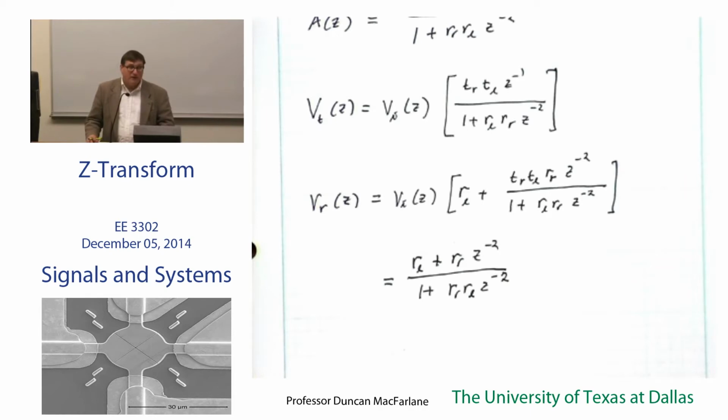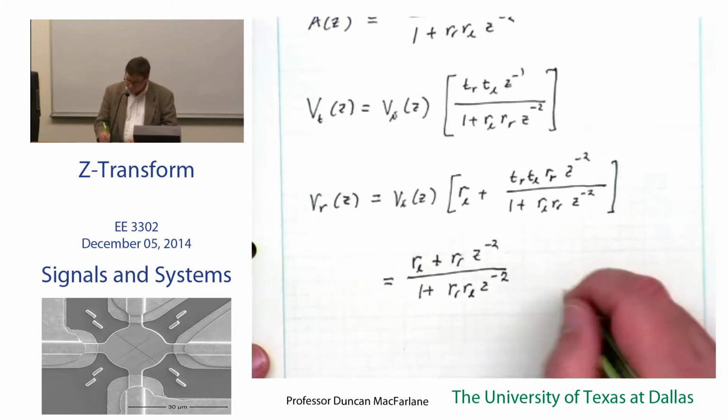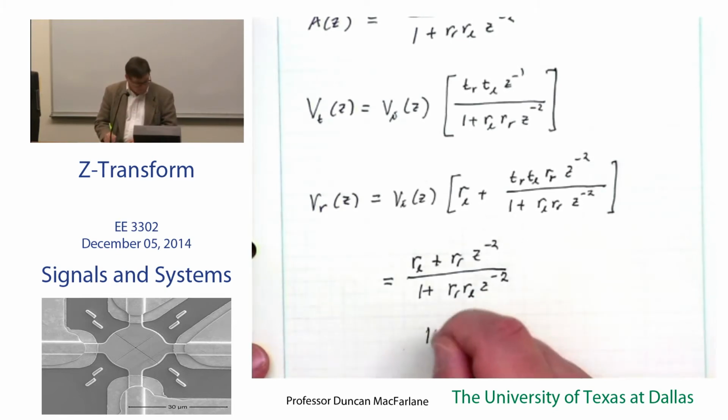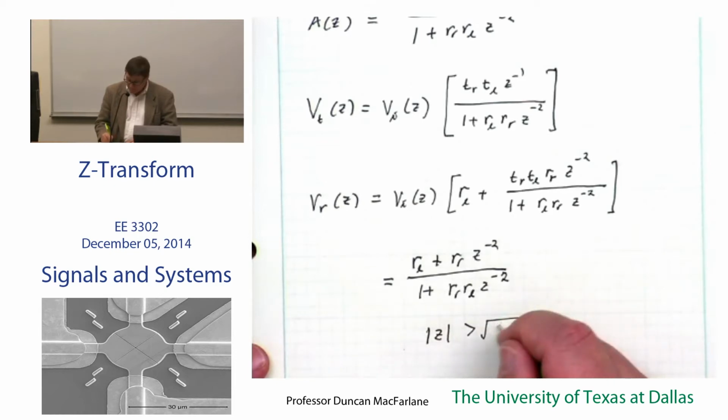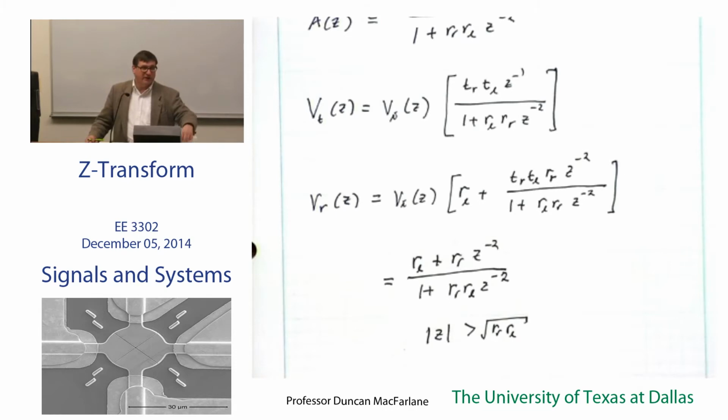And remember, for a stable device, we want the denominator to be within the unit circle. So we call that our region of convergence. So the magnitude of Z must be greater than that, or that must be less than 1.